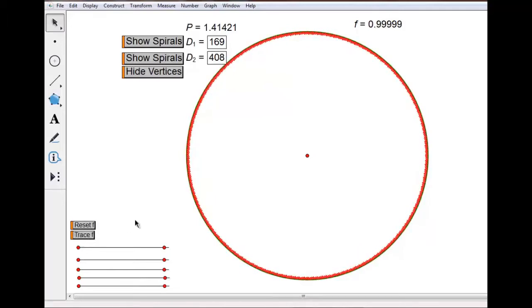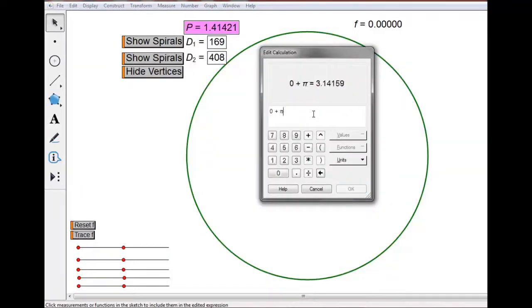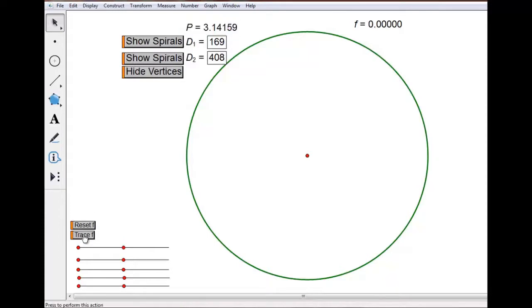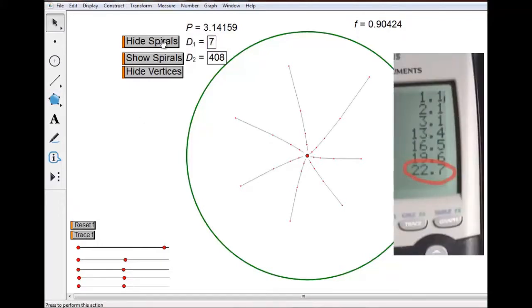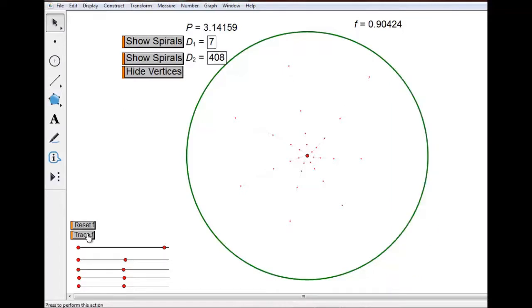Now let's reset f to 0 and put in pi. Notice that right off the bat, the pattern looks like 7 radial lines. As f increases, the 7 spirals curve quite a bit, but we're still seeing 7 spirals.